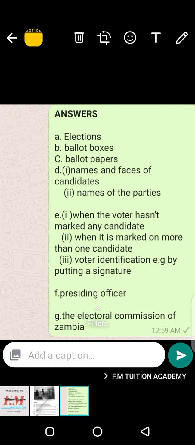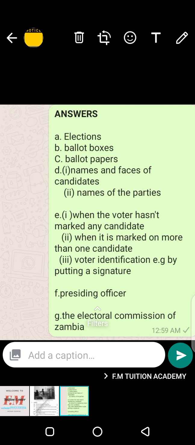Each ballot paper will have the name of the candidate standing for that general election, and also the names of their parties. The people standing for the elections will have their pictures on the ballot paper.